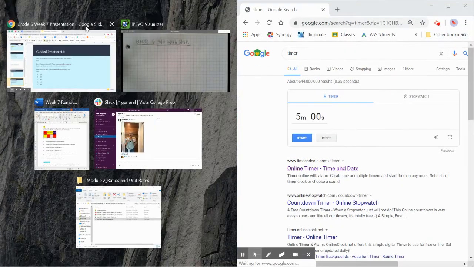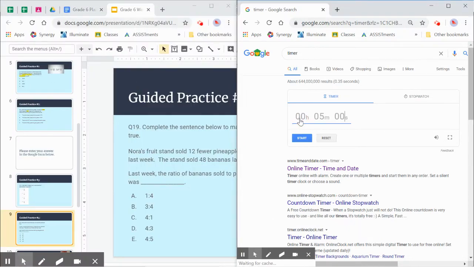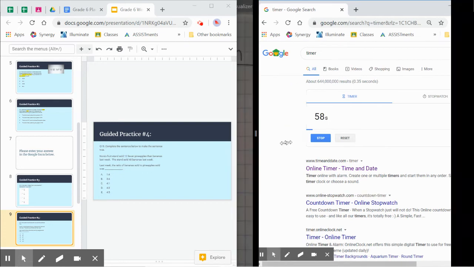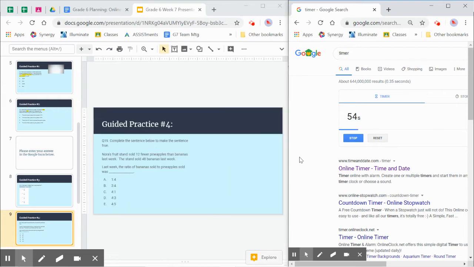Go. There's a trick to this question, so make sure you read really carefully.